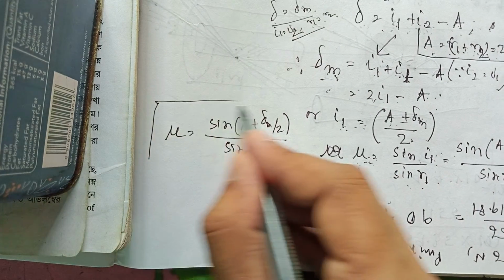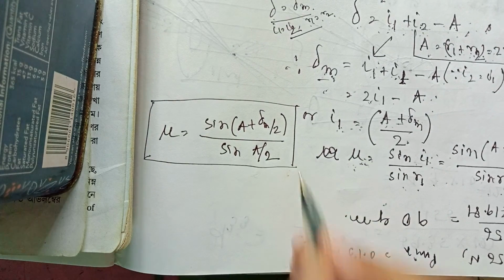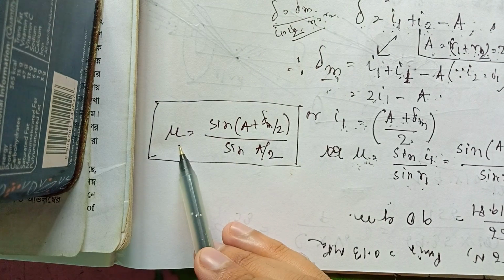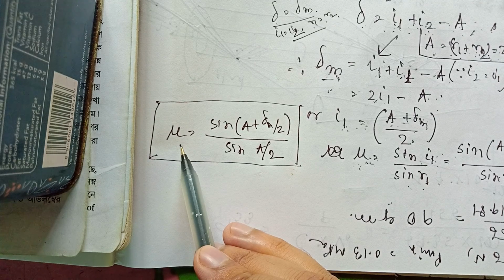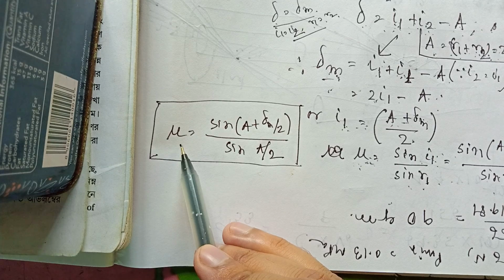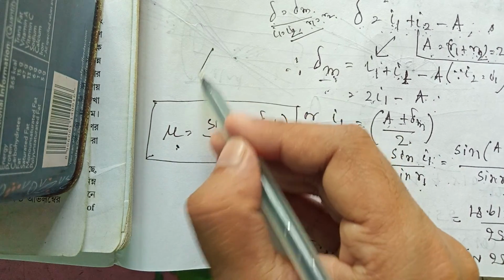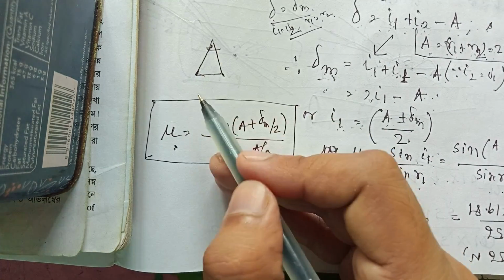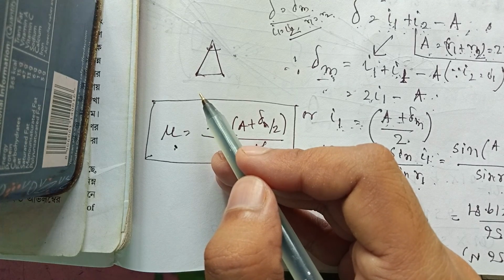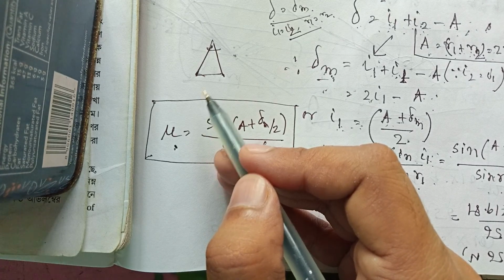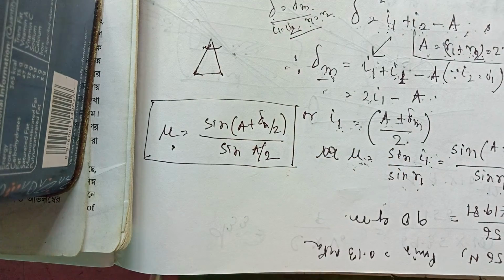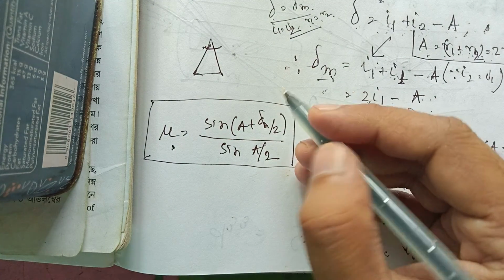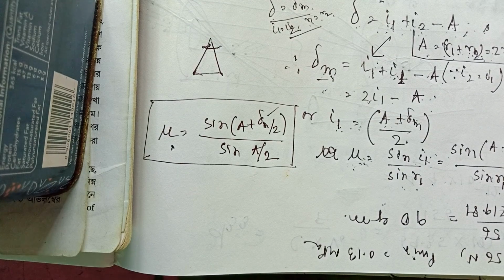So the refractive index of a prism can be found out easily if you know the prism angle, which is very easy to know because the manufacturer always tells you about the angle of prism, and if you find out the delta M value, the angle of minimum deviation, which can be found out easily from the experiment.